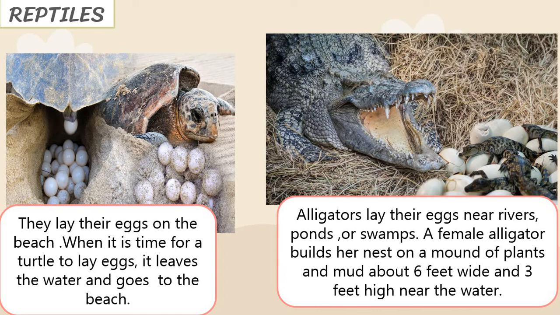She lays eggs in a hole on top of the mound and covers them with more plants. Heat produced by the rotting plants makes the eggs hatch. The mother alligator guards the nest to keep predators from eating the eggs for 3 months, the time required for her eggs to hatch.